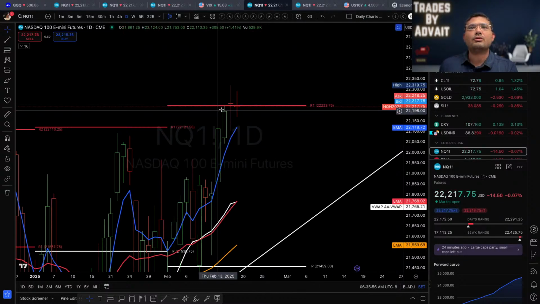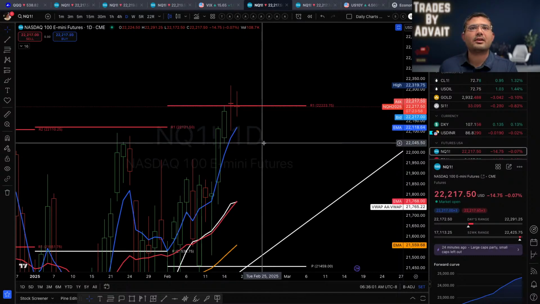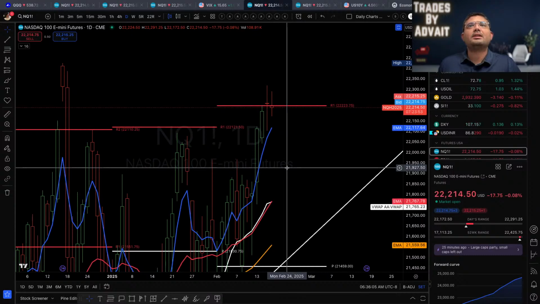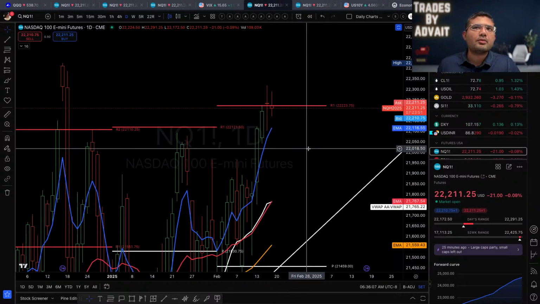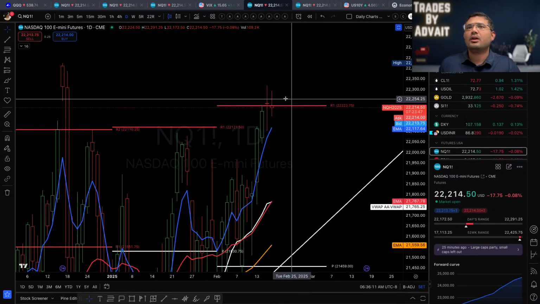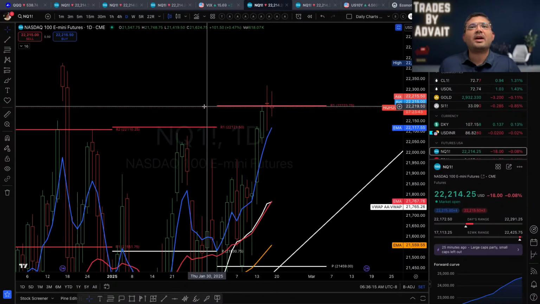In this zone you will naturally find good sellers, and the only reason is people want to book profit. So obviously there will be some digestion for 2 or 3 days here. We need to be mindful of that.